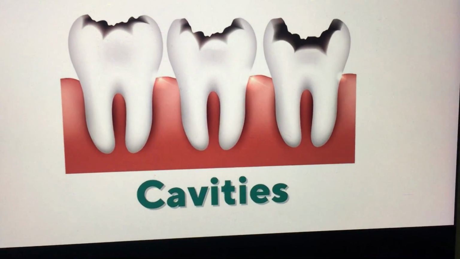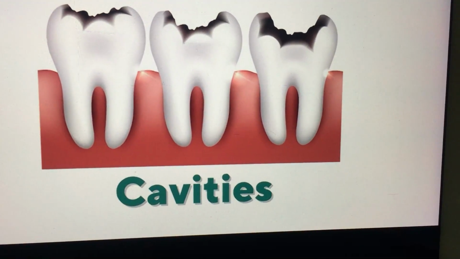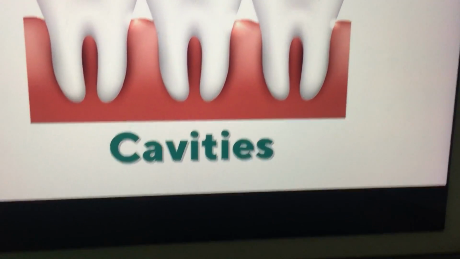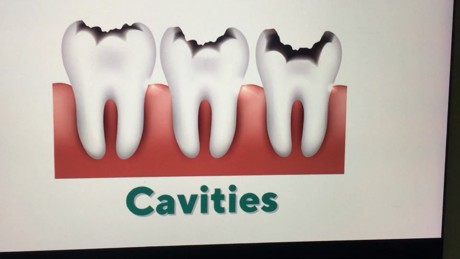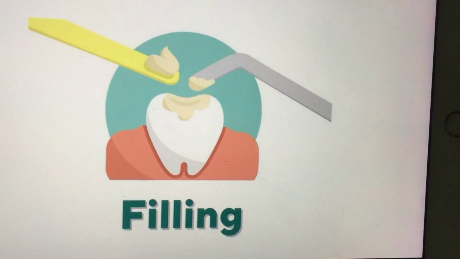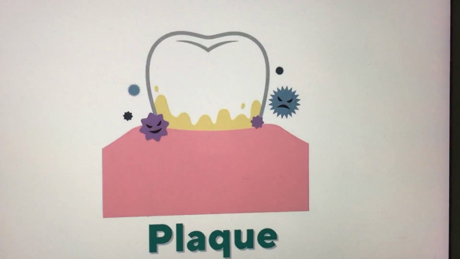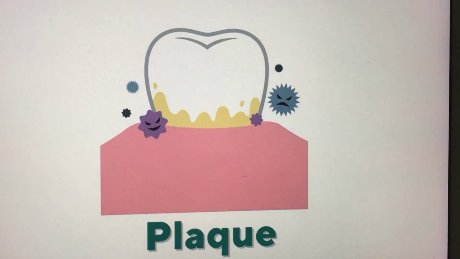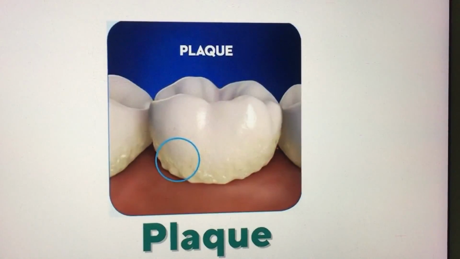Acid from the food particles left in your mouth destroys the enamel by causing holes called cavities. These are permanent damage and only a dentist can repair it by filling these cavities. Another problem is plaque. The food particles left in your mouth leave a yellow deposit which damages the teeth. The gums also get damaged.